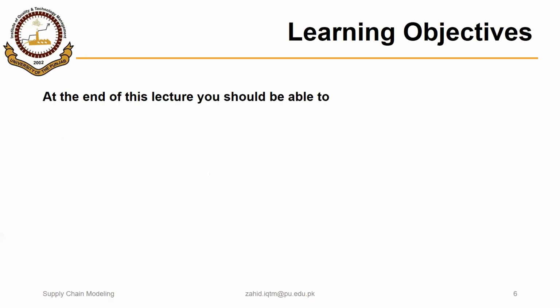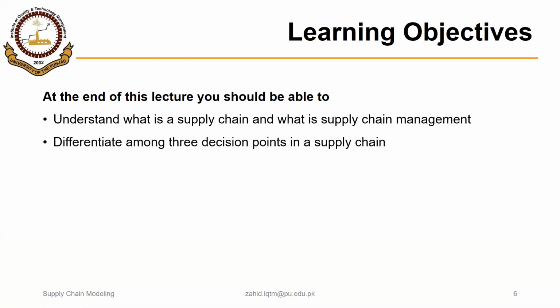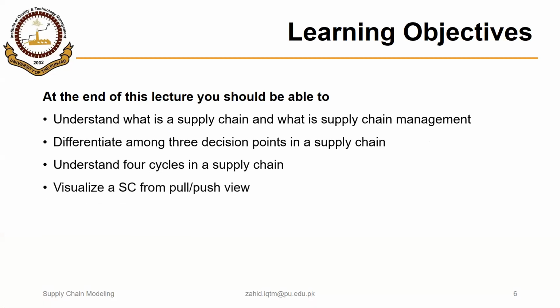So learning objectives include to understand what is a supply chain and what is supply chain management, differentiate among 3 decision points in a supply chain, understand 4 cycles in a supply chain, visualize a supply chain from a pull-push view, and differentiate between vertical and horizontal integration. So these are the learning objectives.